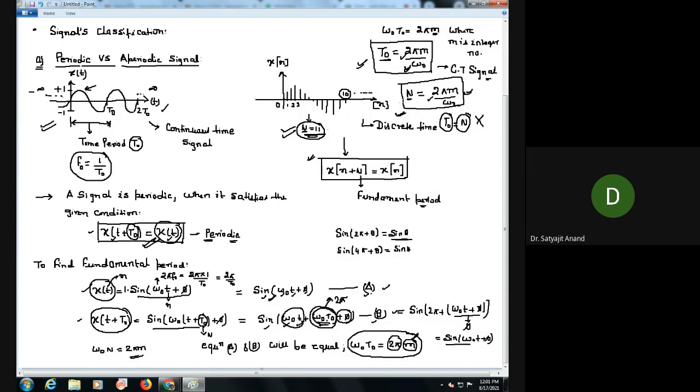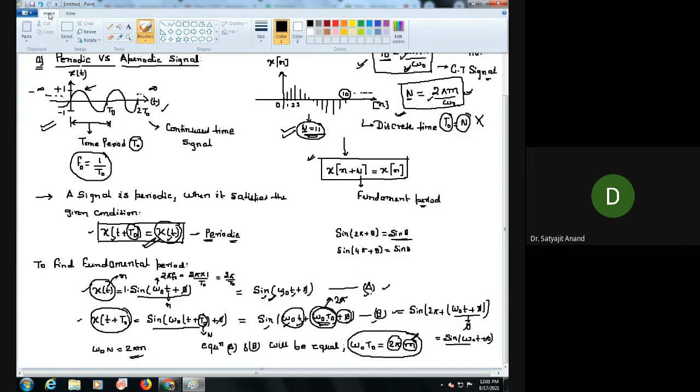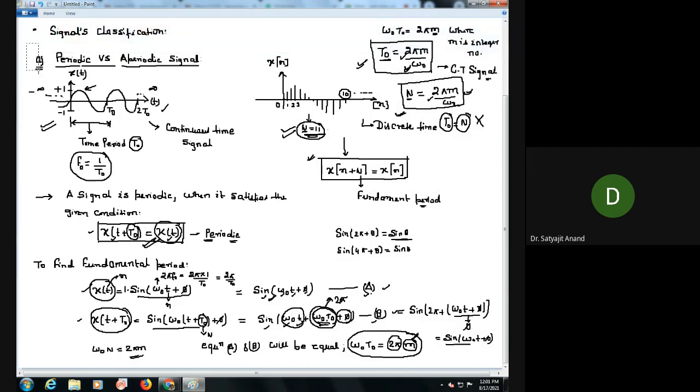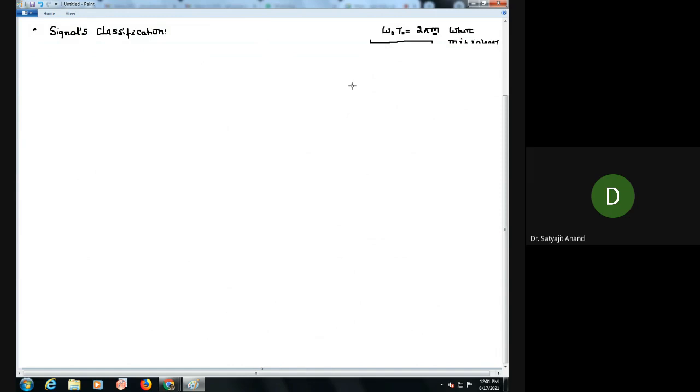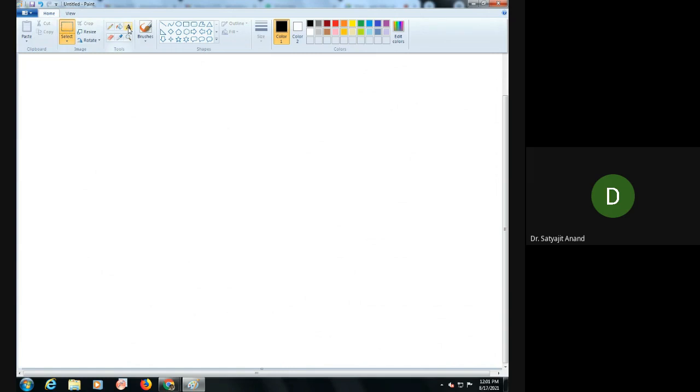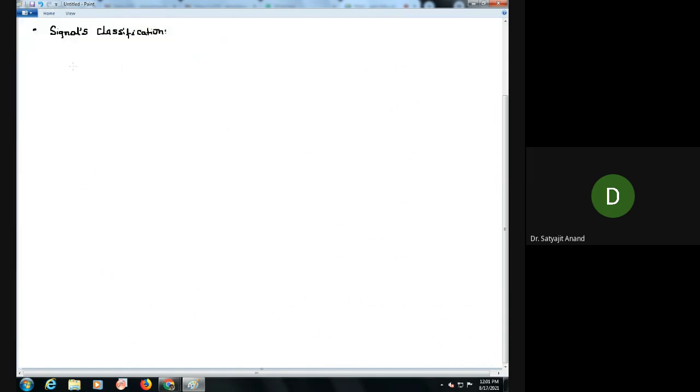So now, once we have this basic understanding of periodic versus non-periodic signals, next, second, we are going to discuss causal versus non-causal signals. This is the second classification, and it is very simple.